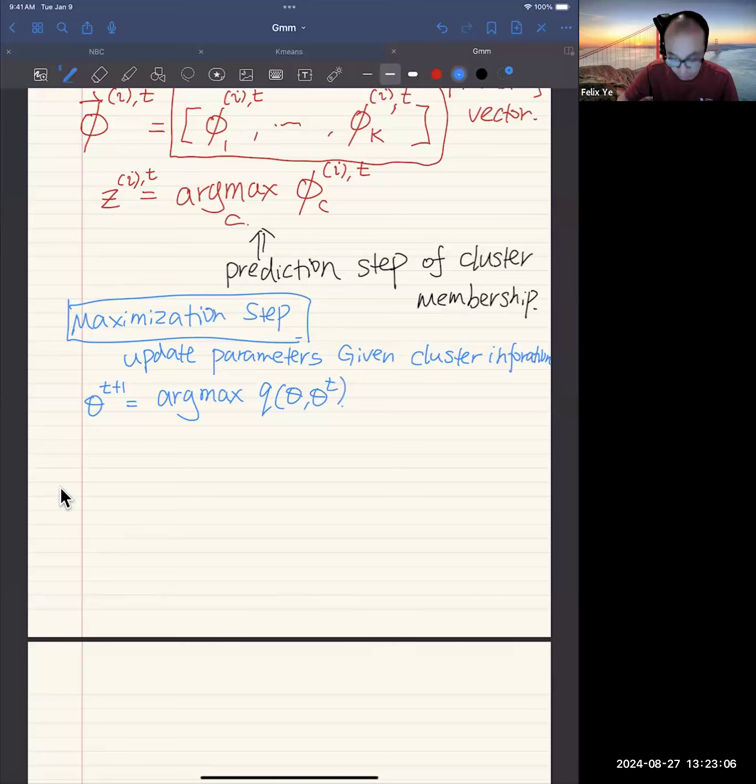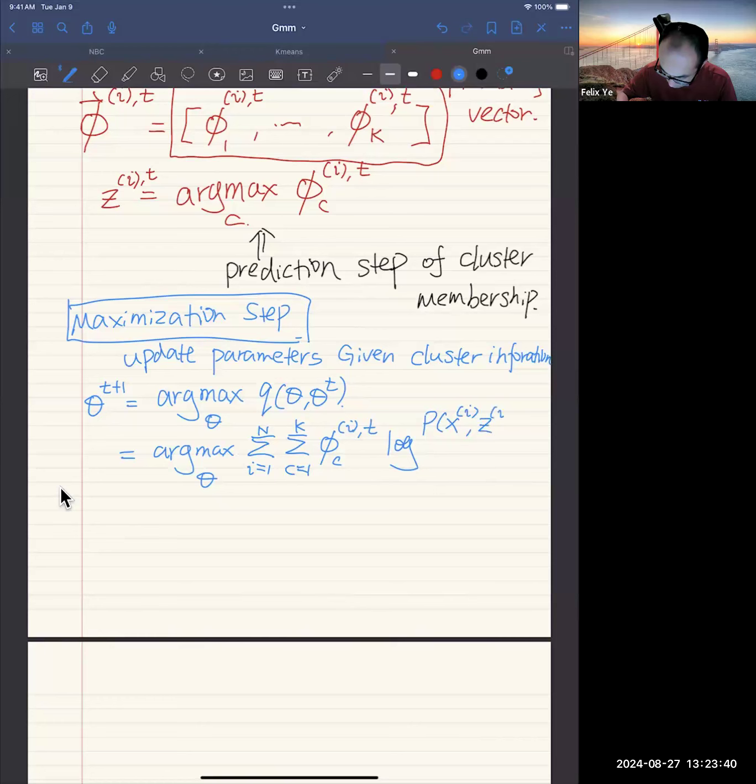I want to remind you, this Q function looks like this: the summation over i from 1 to n, c from 1 to k, of phi_c,i,t times the log of the joint term.